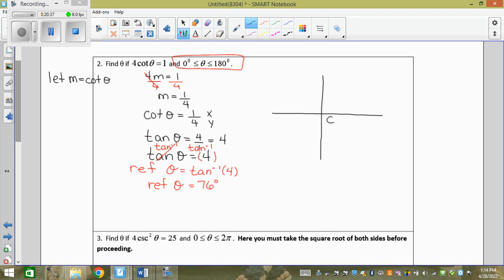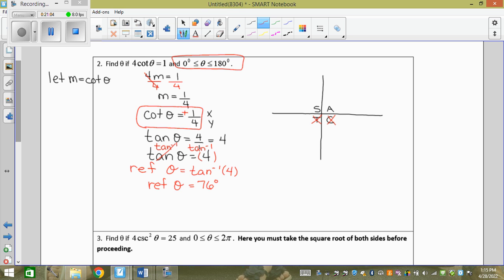And then we use, yes, we use CAST. And we go here, and we have cotan is positive. This one is out, and this one is out, only due solely to the fact that that's 0 to 180, correct? So those two are gone. 0 to 180 is the top two quadrants. And I need where cotan, which is tan's friend, is positive. So where is it going to be?